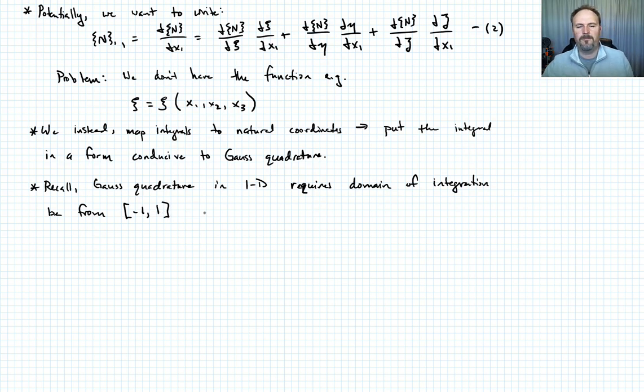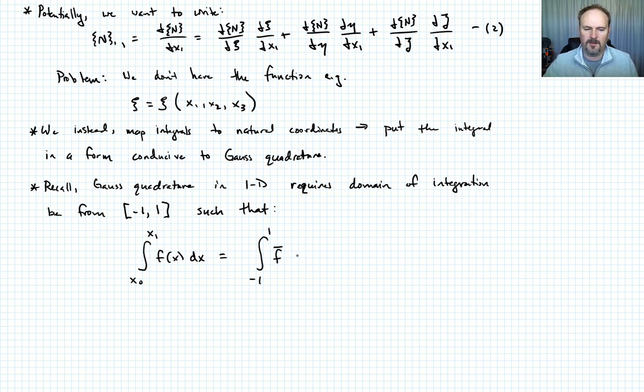Such that, in 1D, we can write the following. If I have an integral from, let's say, x0 to x1 of the function f of x dx, I can write that using Gauss quadrature, putting it into its natural coordinates, as the integral from -1 to 1 of f bar of c dc. I'm going to call that equation 3.